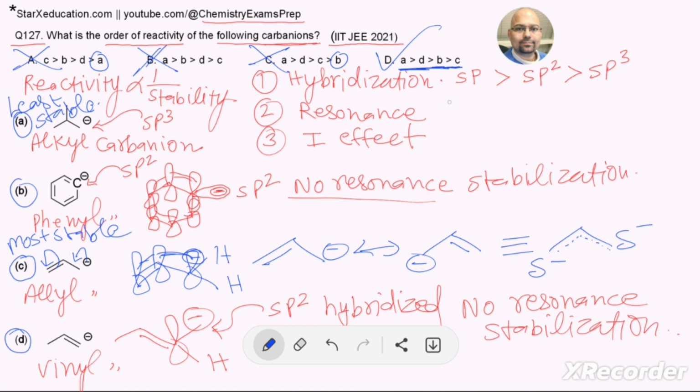In resonance, if there is a minus resonance effect like in the allylic one here, they would be more stable than the ones where there is no possibility of resonance stabilization. Also, minus inductive effect helps, and species B here is the example, because here the negative charge is next to 2 sp2 hybridized carbons, and that's possibly one reason why phenyl carbanion is more stable than the vinyl carbanion.